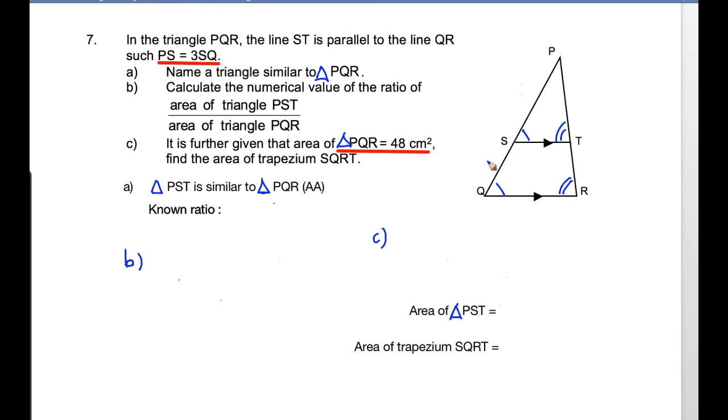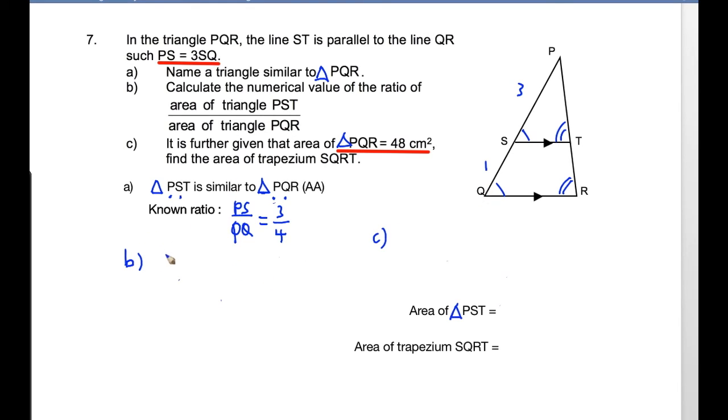That means if SQ is 1 part, then PS is 3 parts. Therefore, the known ratio, which is PS over PQ, will be 3 out of 4 parts, as PQ is 4 parts.